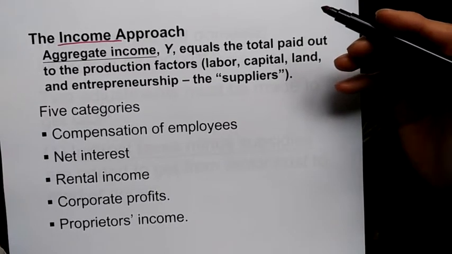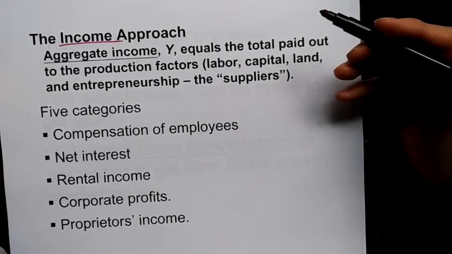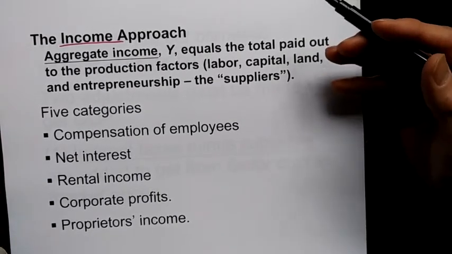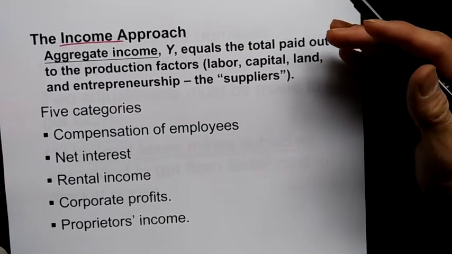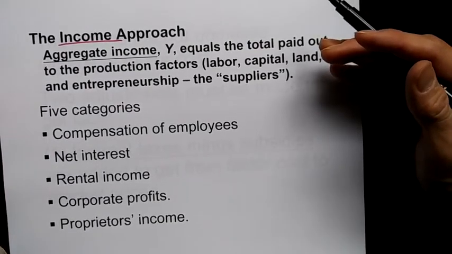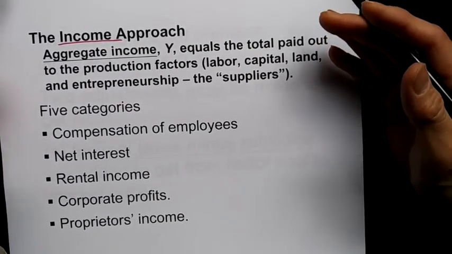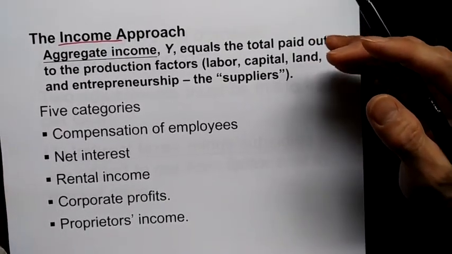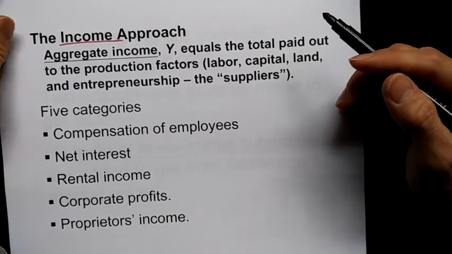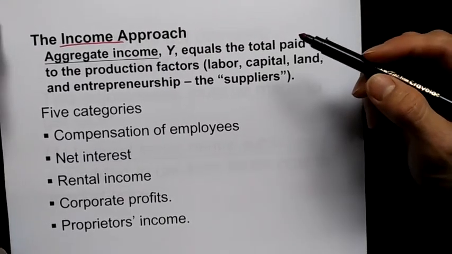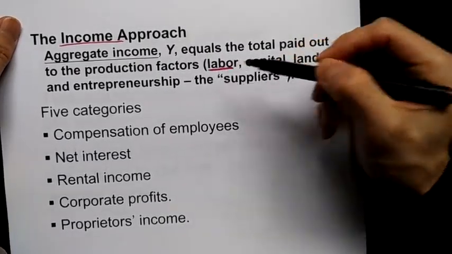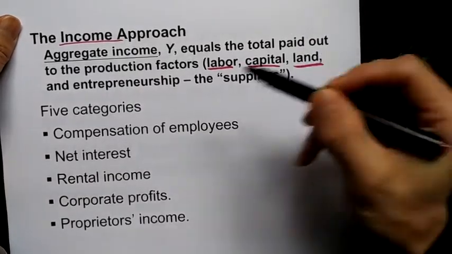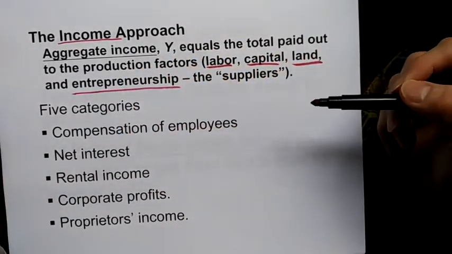Who has income? The answer is whoever produces has income. And who produces? That is, what are the production factors? You have learned this in your microeconomics. Labor, capital, land, and entrepreneurship.